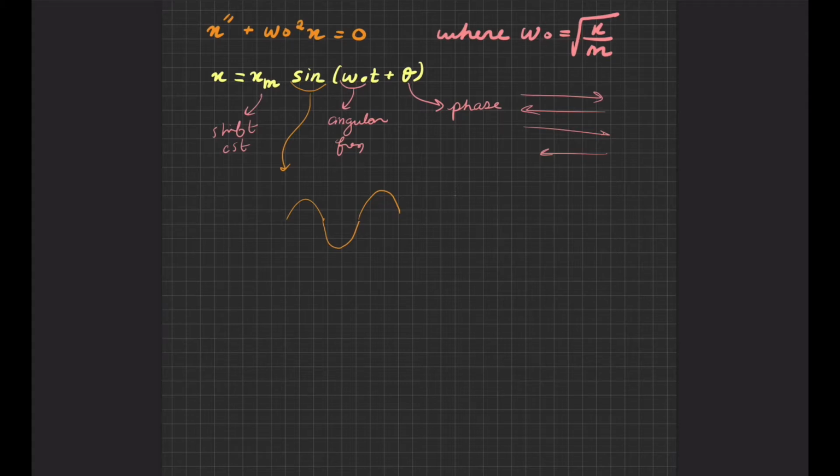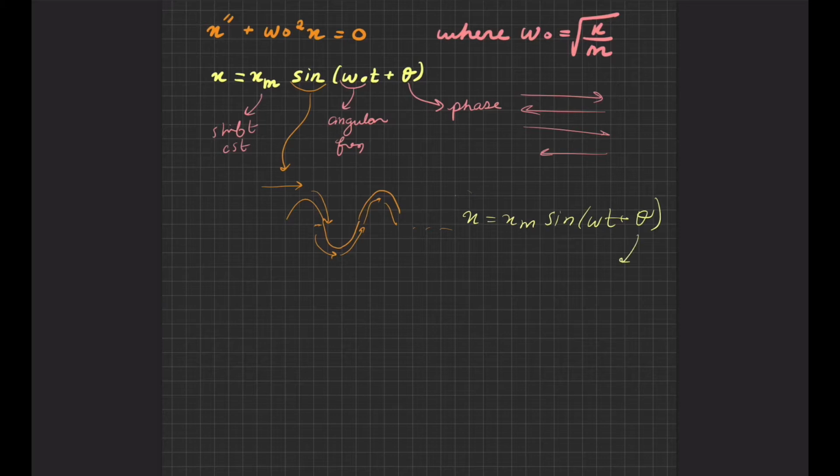From 0 to the maximum is when it is maximally expanded, and then it reaches equilibrium, maximum compression, equilibrium, maximum expansion, equilibrium, and so on. That's why it's a sine function, okay? So again, let me just write it in a better way. x equals xm sine omega t plus theta.